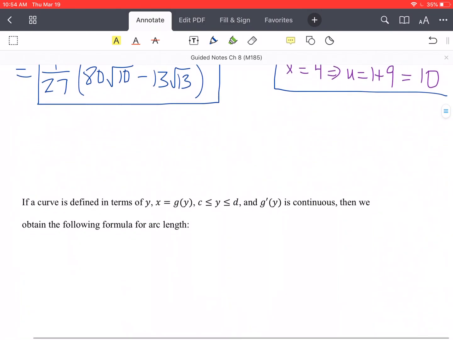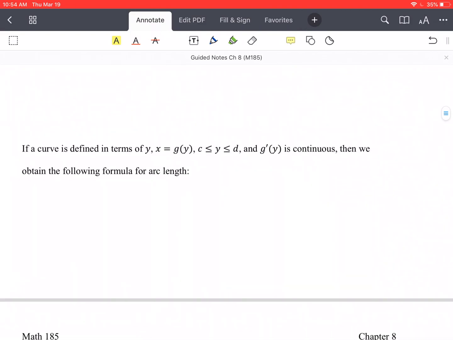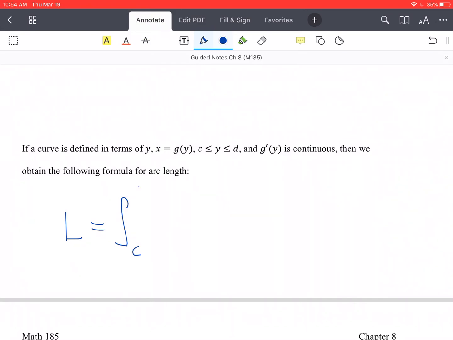Now, we also can define curves in terms of y, not just in terms of x. And this is where sometimes our Leibniz notation can come in handy a little bit. So if we want to define arc length of a curve in terms of y, then we would write, this is the integral from c to d of the square root of 1 plus, using the prime notation, g prime of y squared dy.